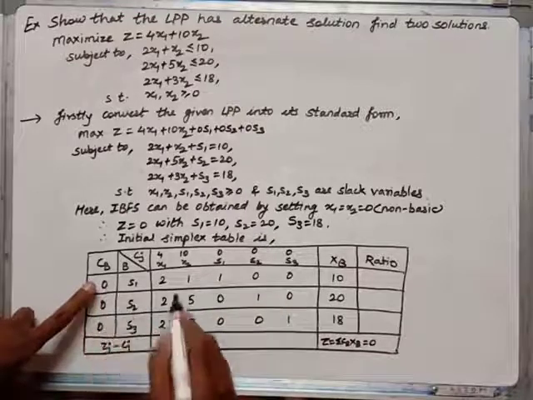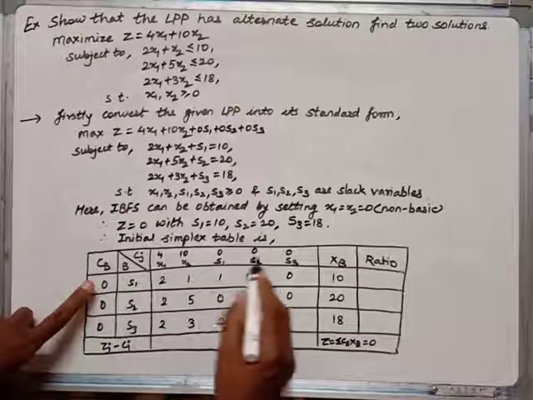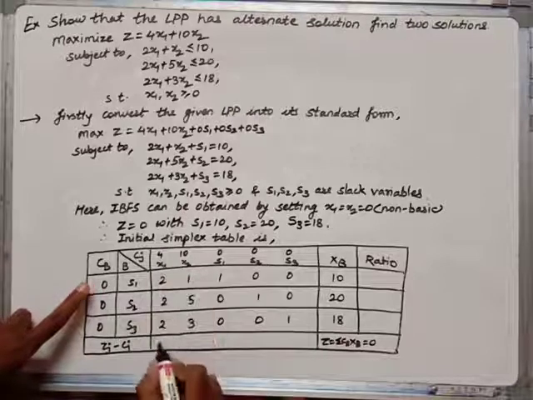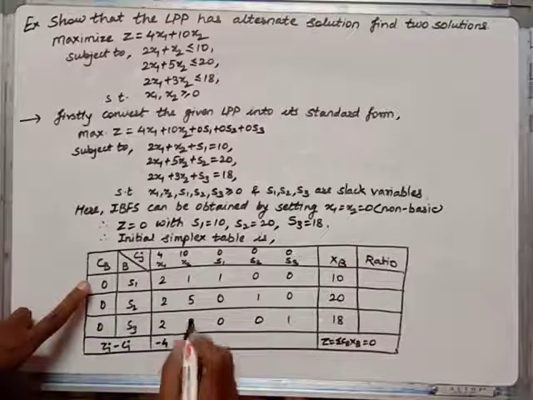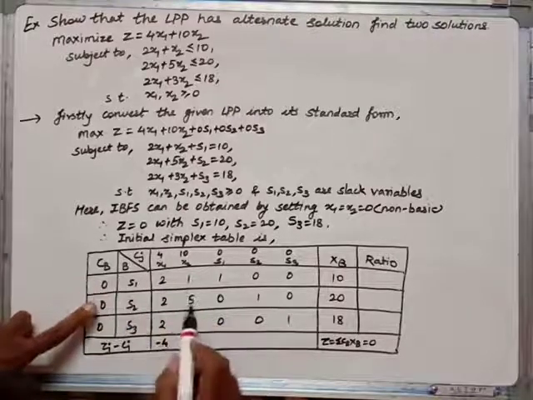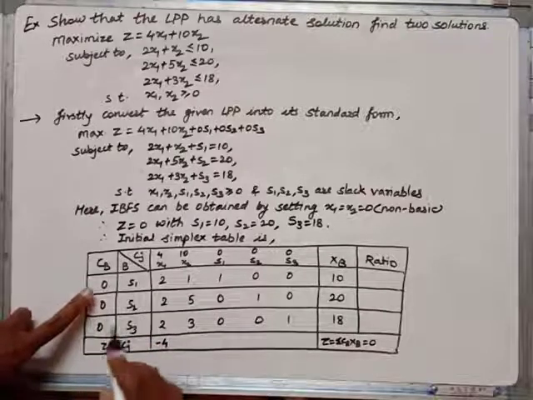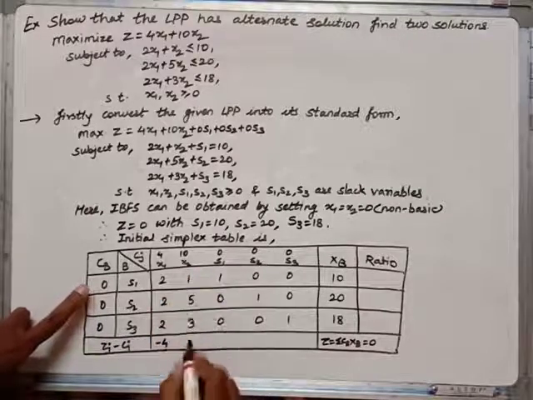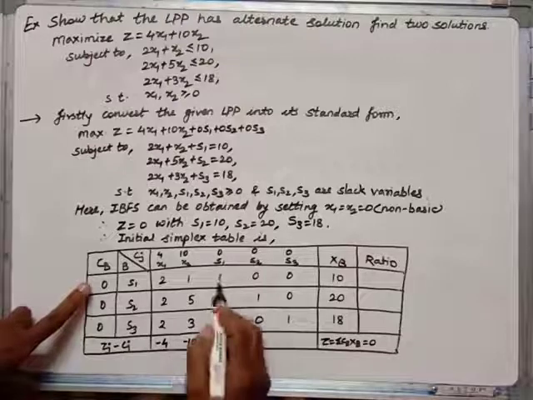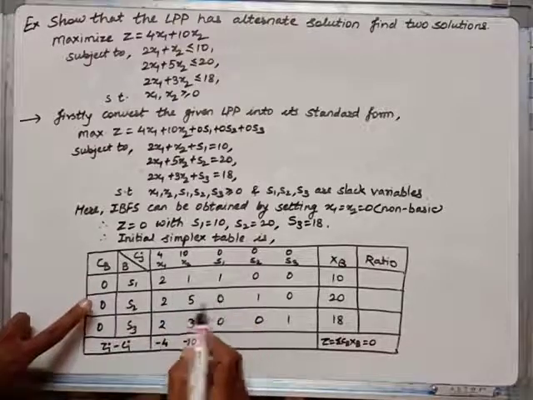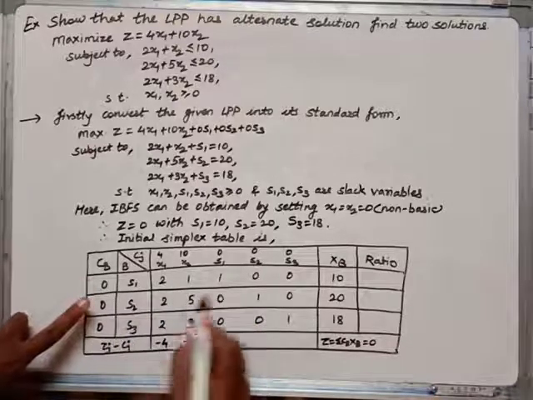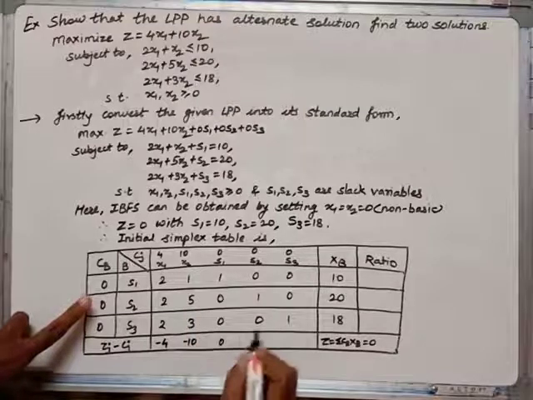Everywhere this product will become 0. Only minus of Cj we have to do. So minus 4. So I get minus 4 here. So 1 into 0, 0 plus 5 into 0, 0 plus 3 into 0, 0. So 0 minus 10 will be minus 10. Same thing 1 into 0, 0 plus 0 into 0, 0 plus 0 into 0, 0 minus 0. So we get 0.